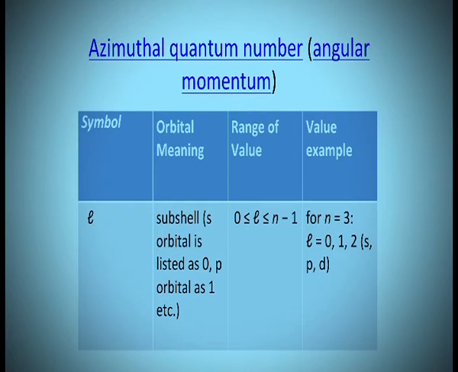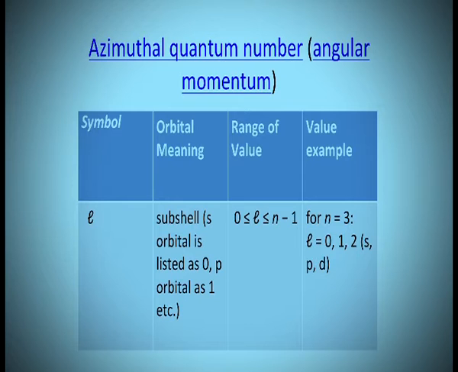Azimuthal quantum number: the value of l may be 0 or a positive integer less than or equal to n minus 1. As you know, n is the principal quantum number. The l can be 0, 1, 2, 3 up to n minus 1.